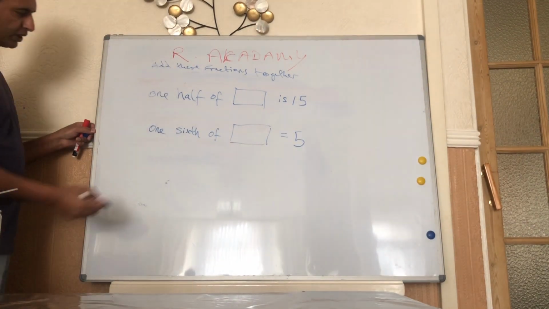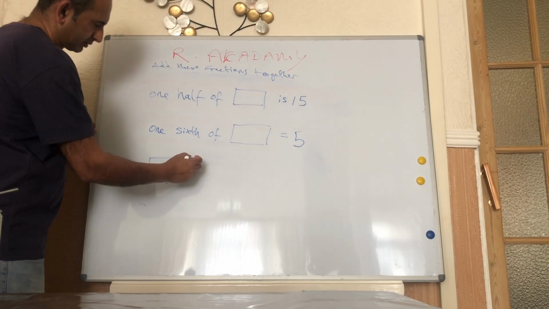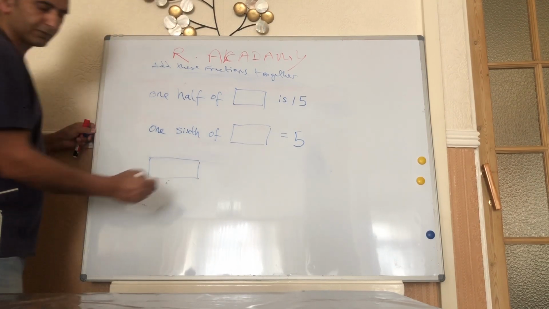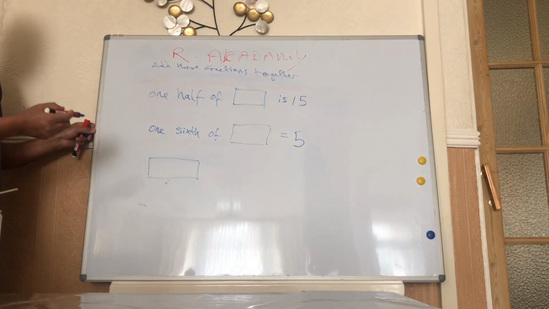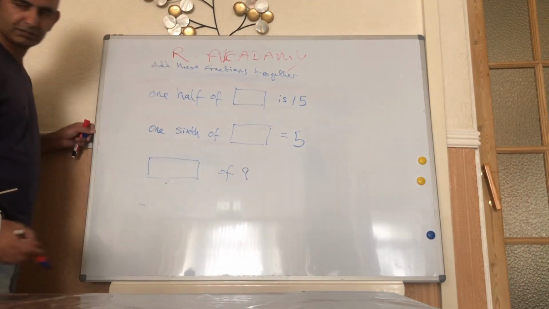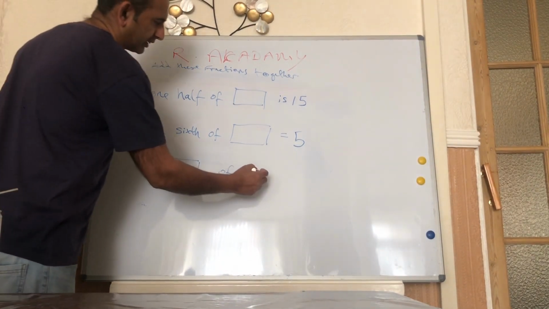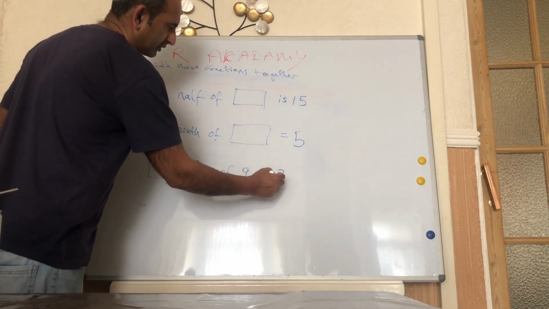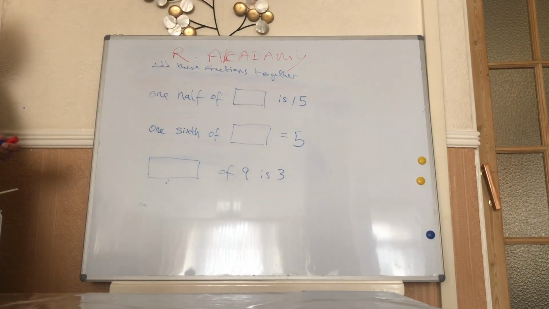And the last one, blank of 9 is 3. Okay?